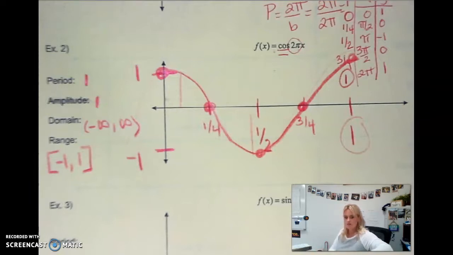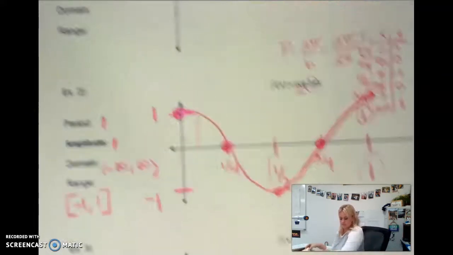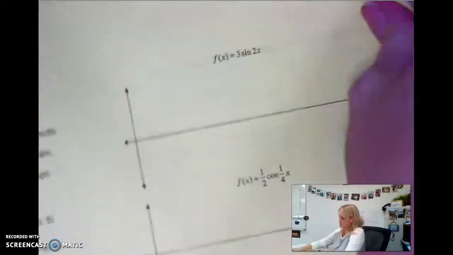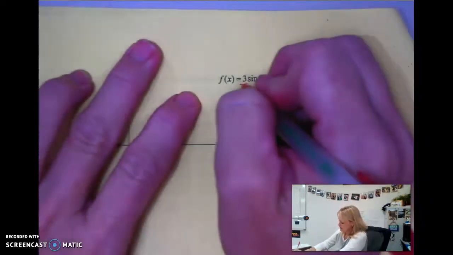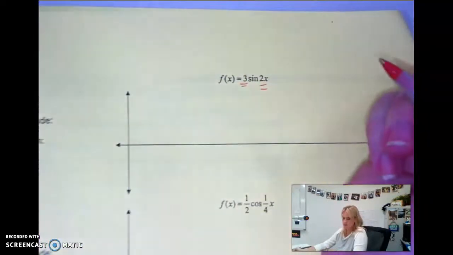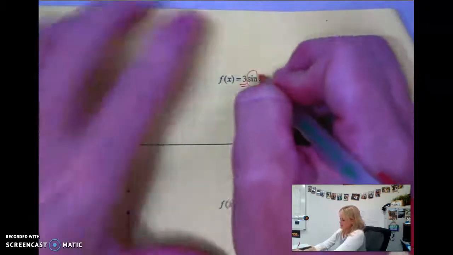All right, if you turn the page, I'm going to do one more with you, and I'm going to do number 4, because now we have amplitude changes and period changes. We're back to sine again.